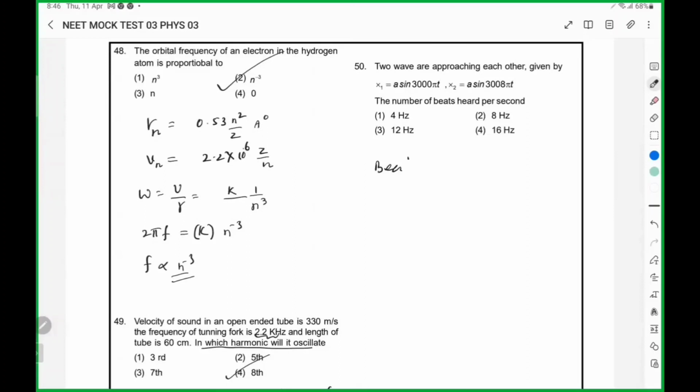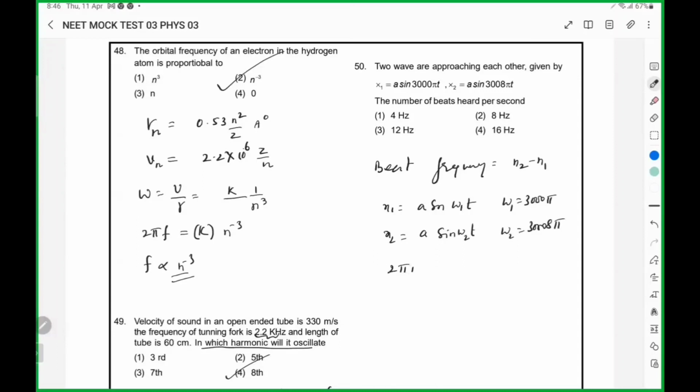Here beat frequency is n2 minus n1. x1 is a sine omega 1t, omega 1 is 3000 pi. x2 is a sine omega 2t, omega 2 is 3008 pi.